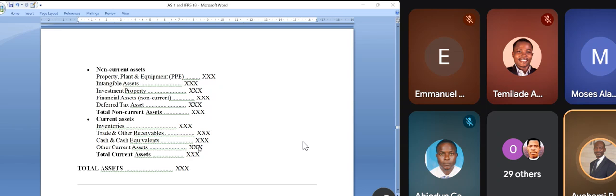Then trade and other receivables are also there. Then please, adjustments for trade receivables, I'm begging you, also take note. There might be need for adjustments for what we call bad debts. You may be asked to charge 10% of trade receivable as provisions.